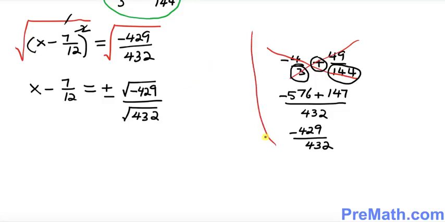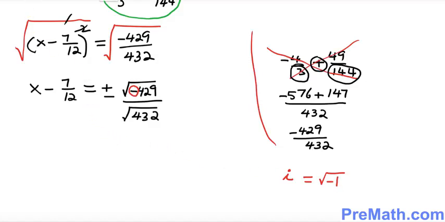So keep in your mind one more thing. I just want to tell you that we have a negative sign inside this square root. Whenever you have a negative sign, we always convert into an imaginary number. So i is an imaginary number that is equivalent to the square root of negative 1.